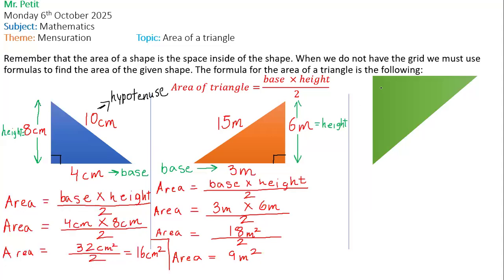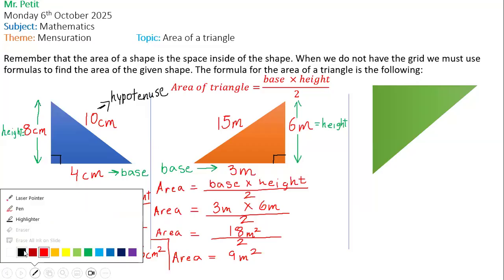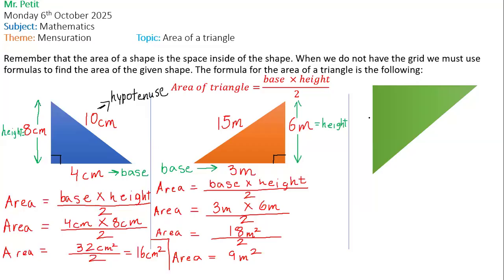This is definitely a right angle triangle. This could be too far up, let me put it down a bit. All right, so we have, what is this? This is 9. Okay, we're going to say that this is 4.